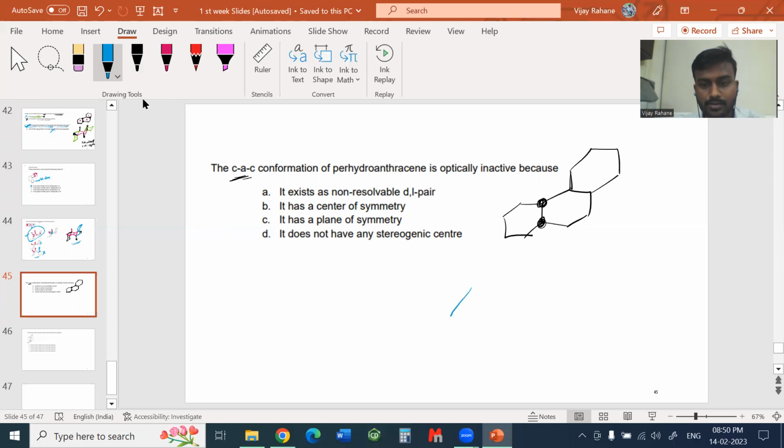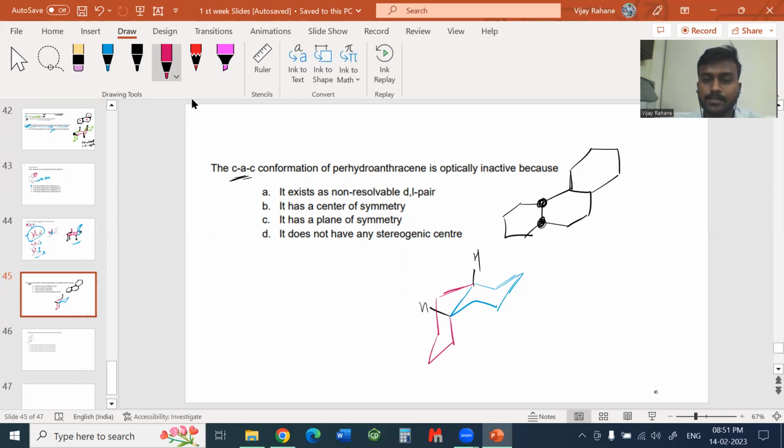And when you draw the structure of this one, how will it be? Always draw the middle ring first. So this one is the middle ring, the B ring, and here you can see hydrogen is up. Here also hydrogen up. So we draw the remaining carbons.